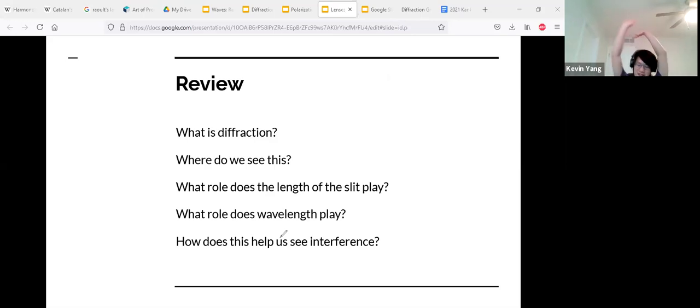Finally, how can we use the role that wavelength plays to see interference, right? Remember the previous slide.